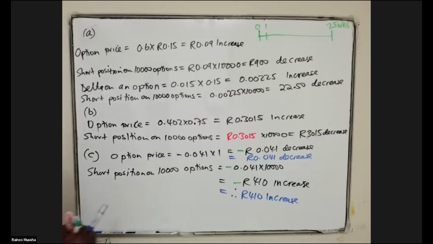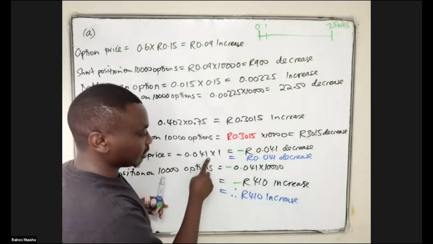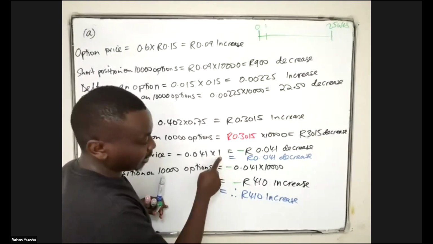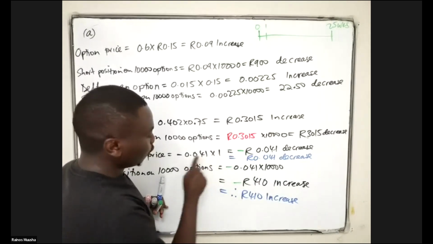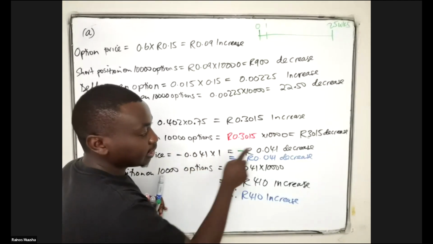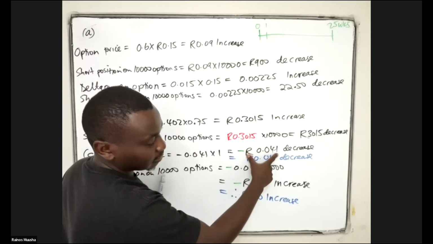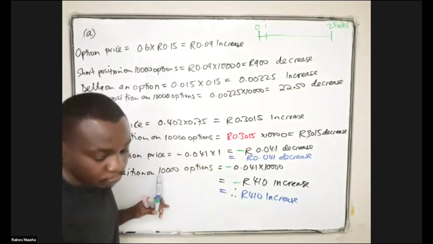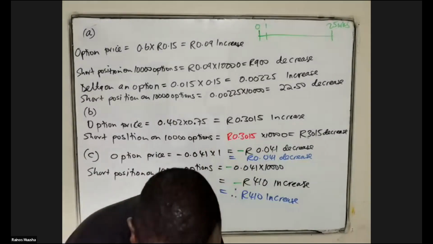We see that minus 0.041 is the theta, and they've moved forward 1 day. Because it's negative, we are already acknowledging that the option price is going to go down by 0.041.